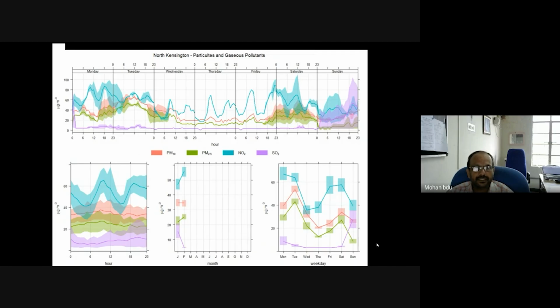Like you can see the weekly data is being presented here, and you have the pollution levels in the morning, during the peak hours, and during the night, and it is also given here by weekday. So it can also give you, for the different pollutants like PM10, PM2.5, whatever may be the pollutant, graphs like this for hour wise, year wise, and also weekdays.